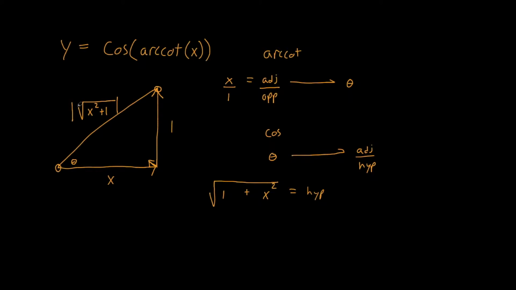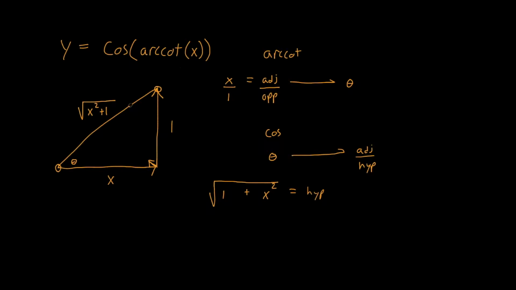In this case it works out because although x can be negative, negative x squared is always positive. The square root of x squared plus 1 will always be positive. There's no value for x that's going to make this negative. So we can forget about these absolute value symbols, and the square root of x squared plus 1 is fine to use.